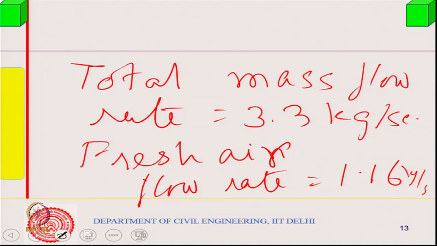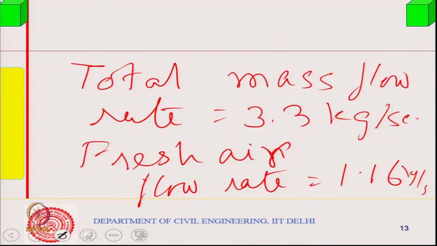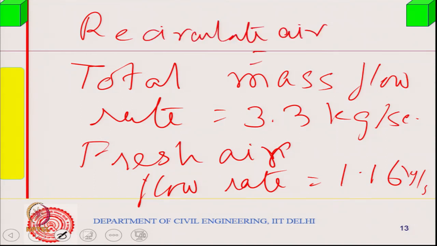Then the remaining is recirculated air, so recirculated air will be 2.14 kg per second. Recirculated air will be this much.